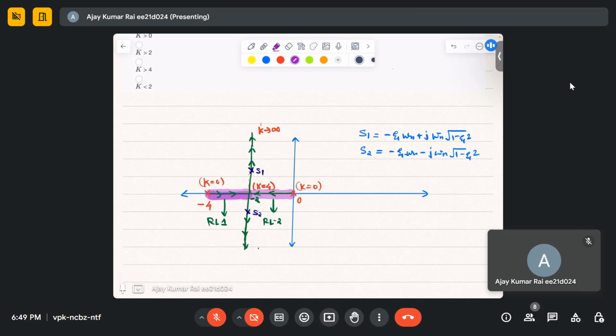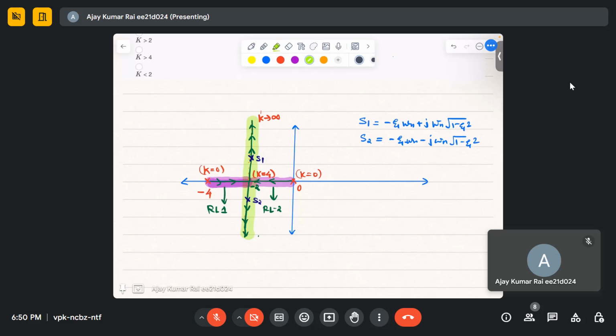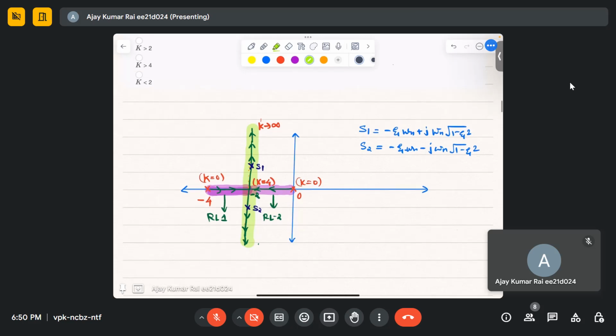If I have k greater than 4, the roots will be lying like this. So that is the case of an underdamped system. I hope I have made it clear. If k is greater than 4, then the closed loop poles will be lying like this.